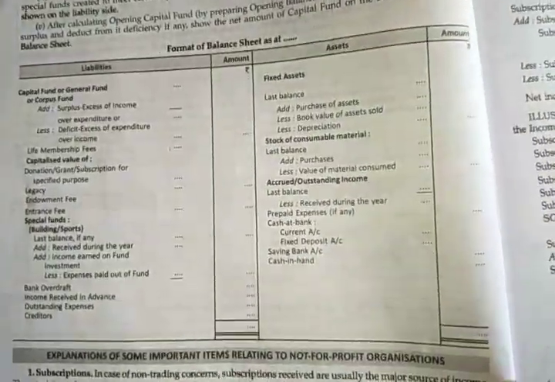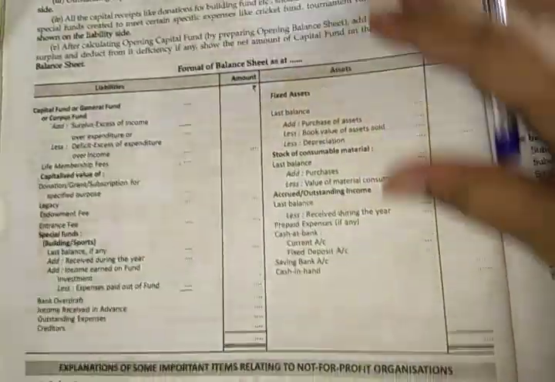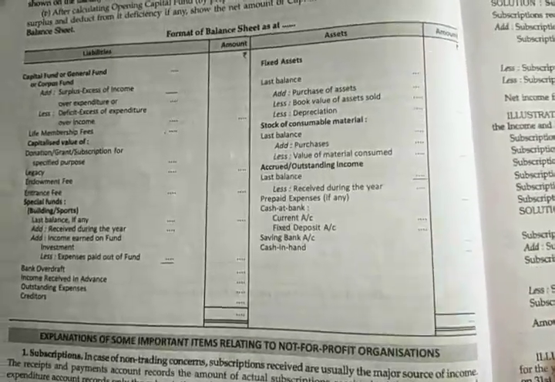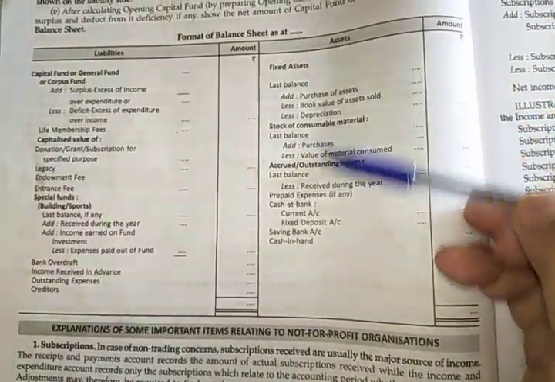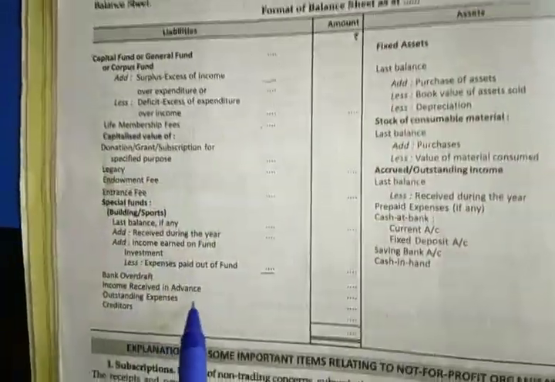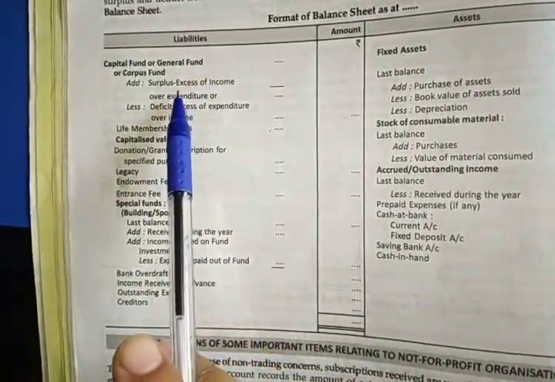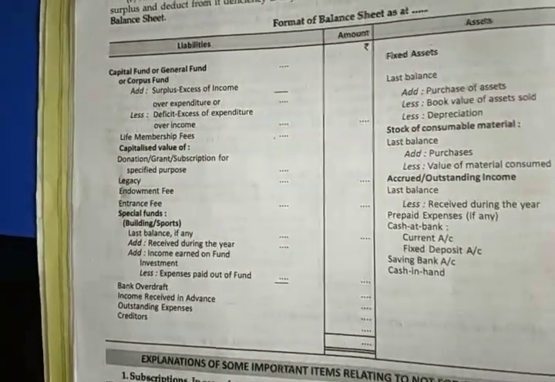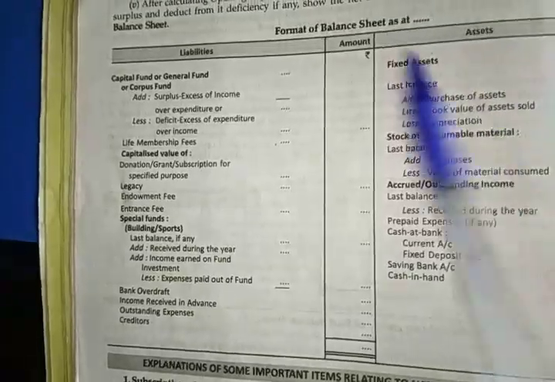Here is the balance sheet of a not-for-profit organization, which is very much similar to the balance sheet of a profit organization. Here you will be showing the assets. Here you will be showing the liabilities, but in place of capital, there will be capital fund, because that capital is received by way of fund.